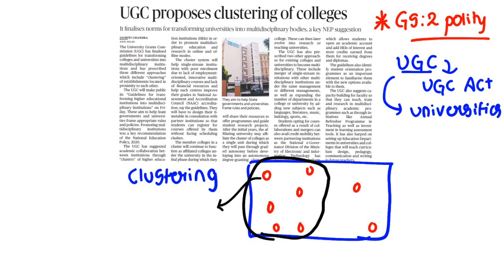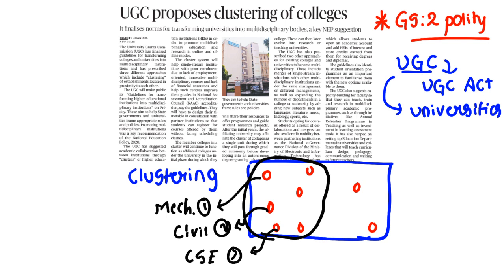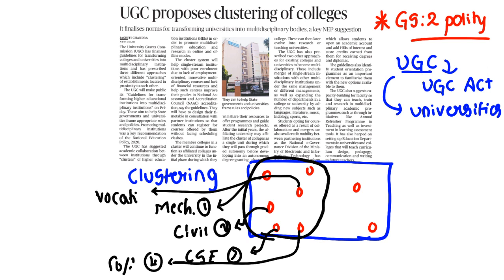For example, this is college 1, it is good at engineering mechanical, and this college is good at engineering civil, and this college is good at engineering CSE. Are you getting? And this college is very good at the software part or something. This college is good at providing the vocational courses or something.